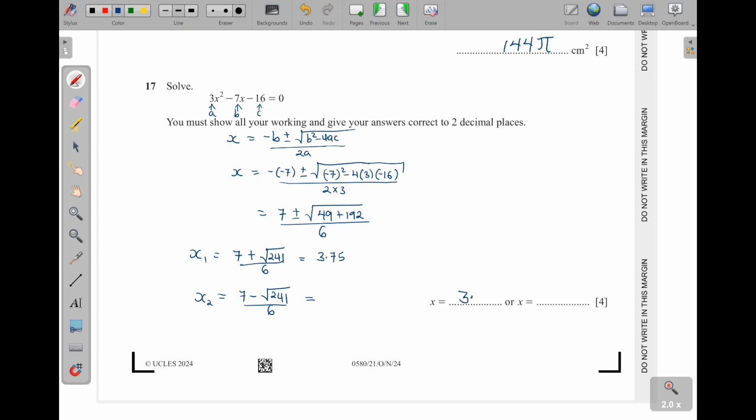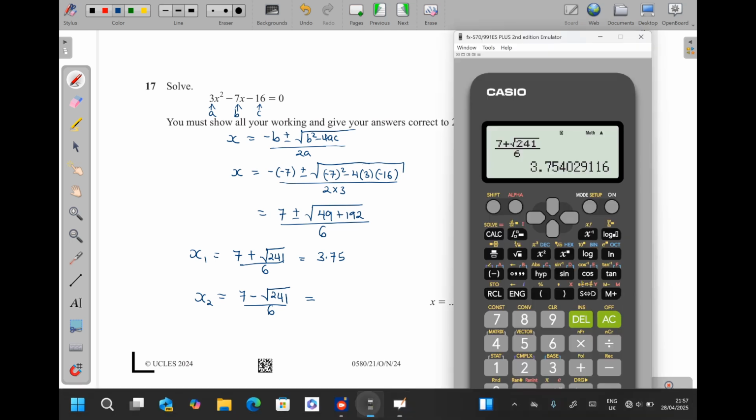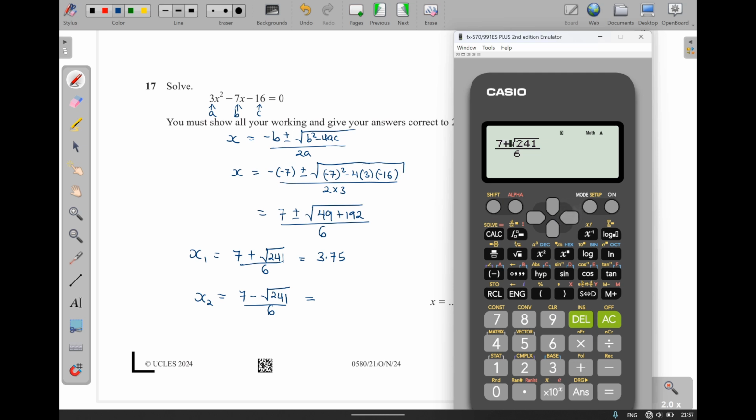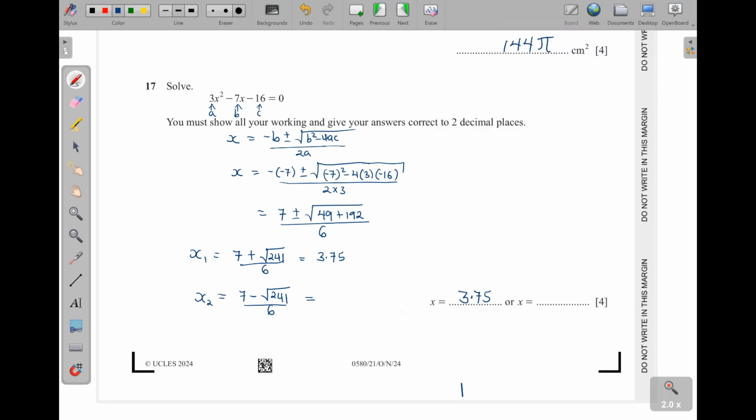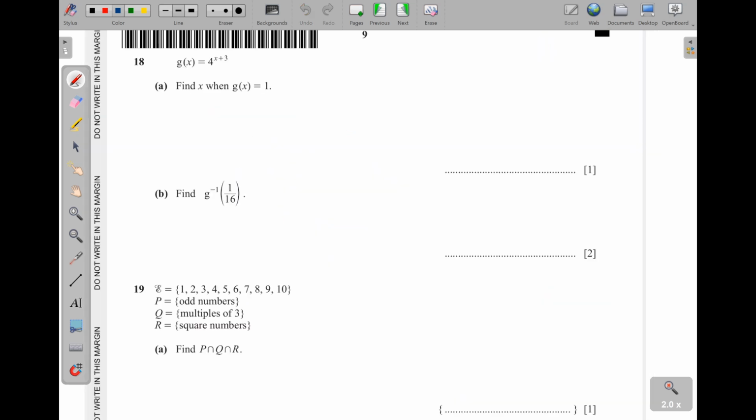That's what I'm going to write here to 2 decimal places. And then the other one, I'm going to put a minus here. Then it will give us negative 1.42.